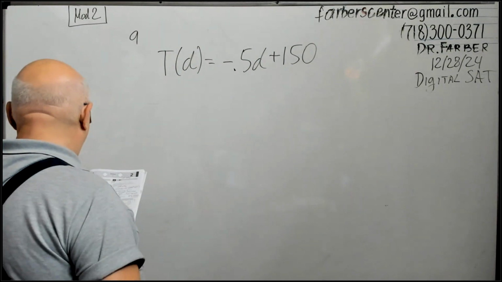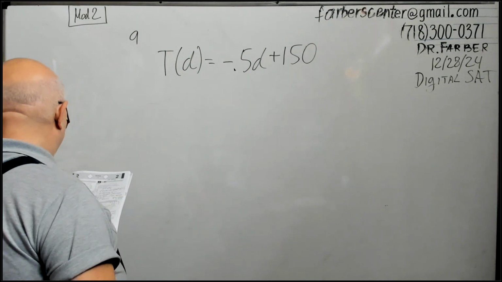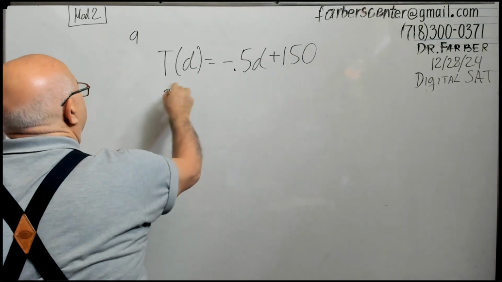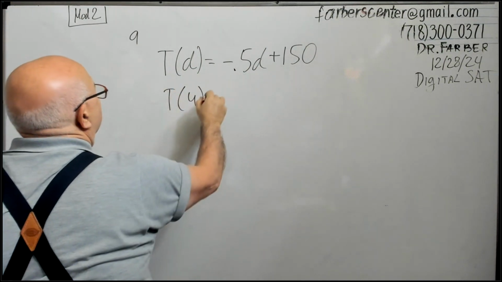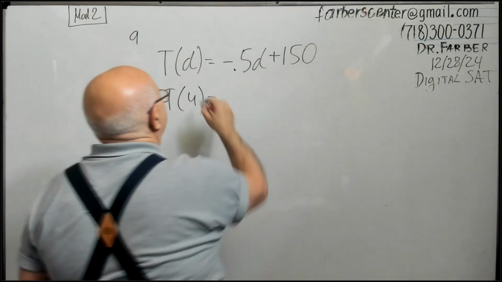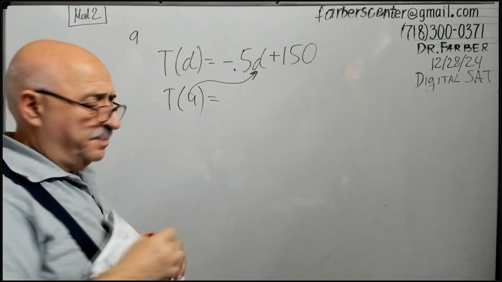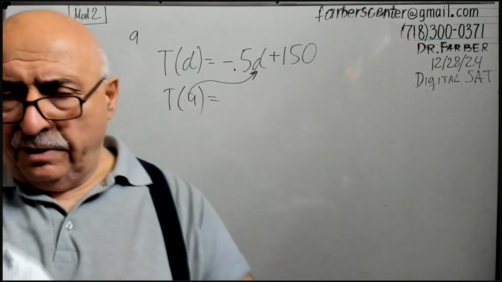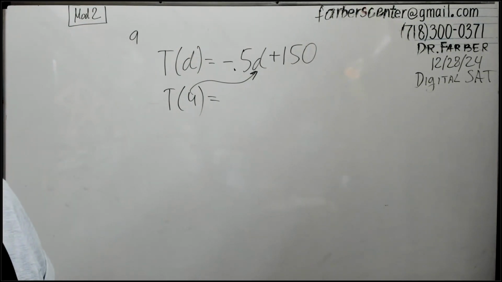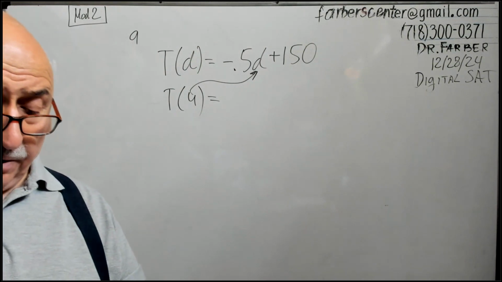According to the model, how many degrees has the temperature of the substance decreased after 4 minutes? Just plug in d equals 4, because d is minutes. Plug in here d, 4, and you get the answer instantly. Okay, so far so good. What is the question they ask you? If it's too fast, ask me.